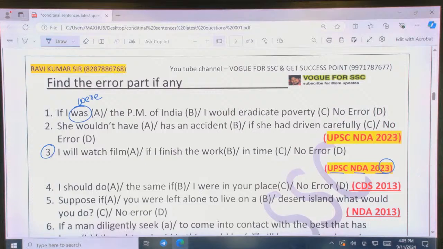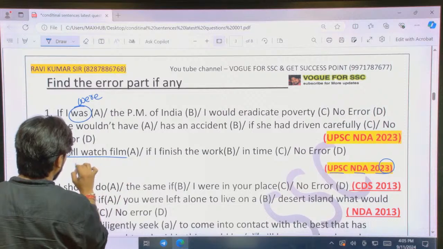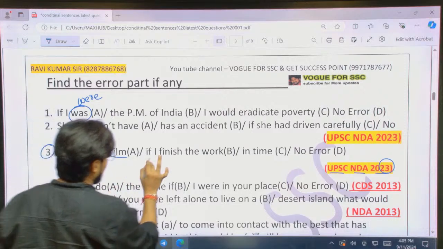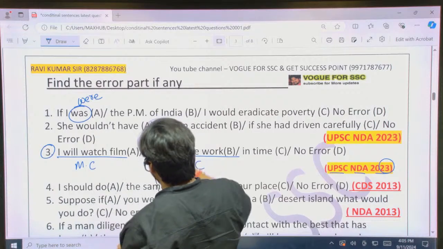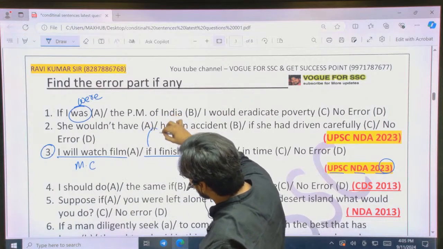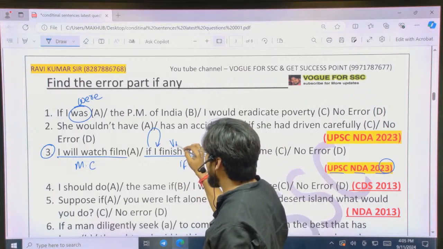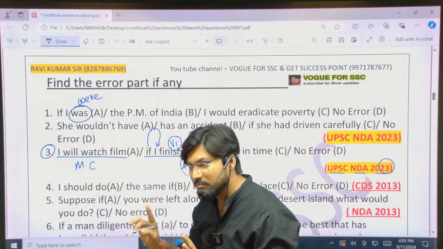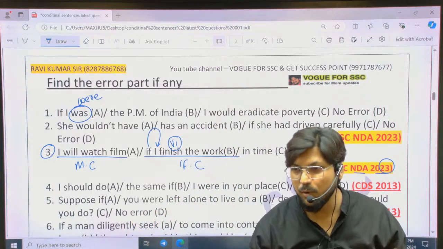I'll watch film if I finish the work in time. As everyone knows, this is your main clause, right? This is your if clause. Very good. If I have used I, can't you see I have used here V1? Will it be working or not? Yes, it will work.